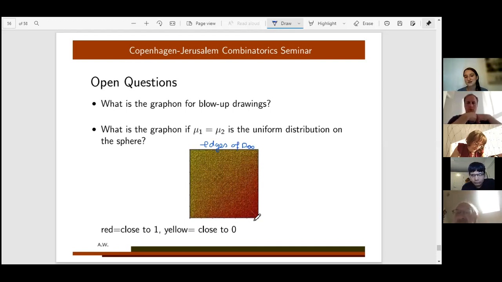So we thought this could be the graphon, but we tried to do some integration with what we thought this could be, and it turned out that it didn't really work out. So somehow one has to think of another way of how this graphon could be represented.